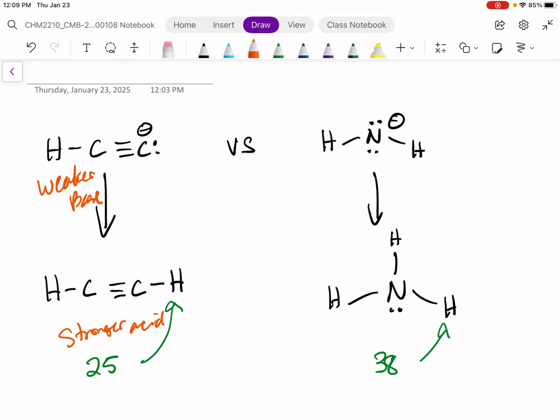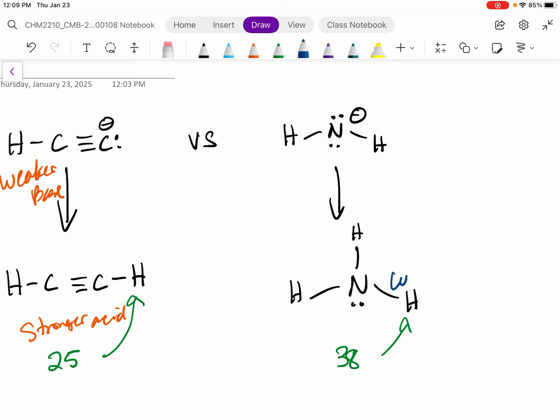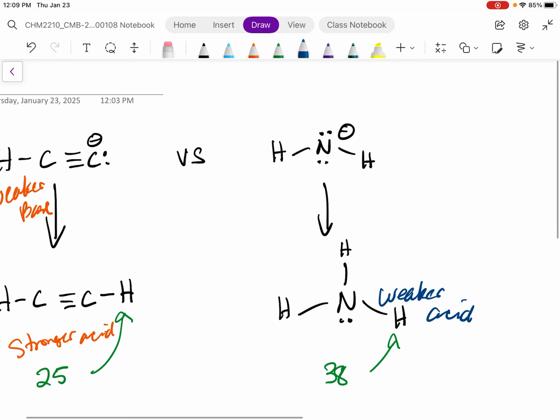That's how I like to view it. When I'm comparing molecules, I find the strongest acid, and then I know its conjugate base is going to be the weakest base. You could have also looked at it from a different angle. You could say, hey, this is the weaker acid because it has a larger pKa. Hence, that will make this the stronger acid, or stronger base, sorry.